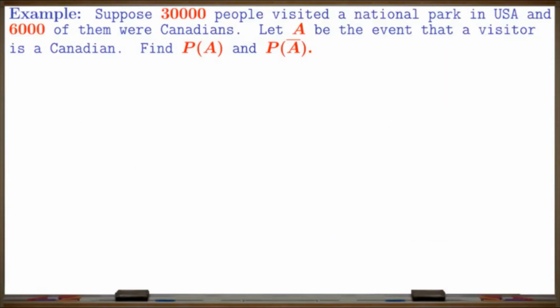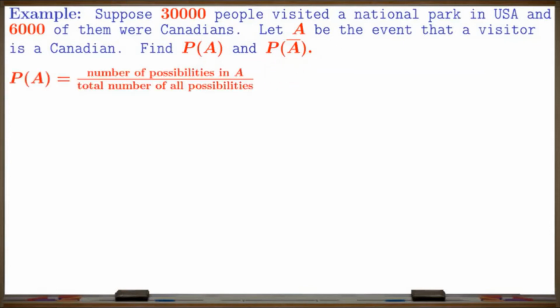So now let's look at this example here. Suppose 30,000 people visited a national park in USA and 6,000 of them were Canadians. Let A be the event that the visitor is a Canadian. Here we have to find probability of A and probability of A complement. We know the formula for probability of A is number of possibilities in A over total number of all possibilities.